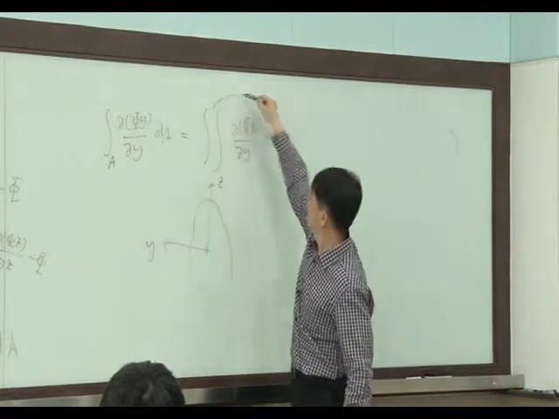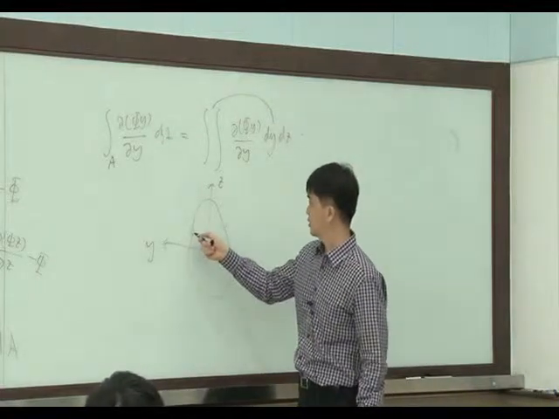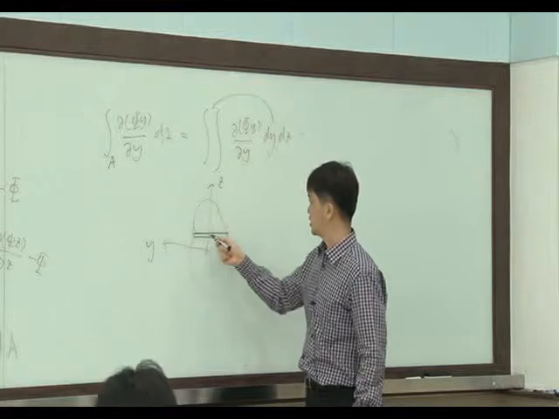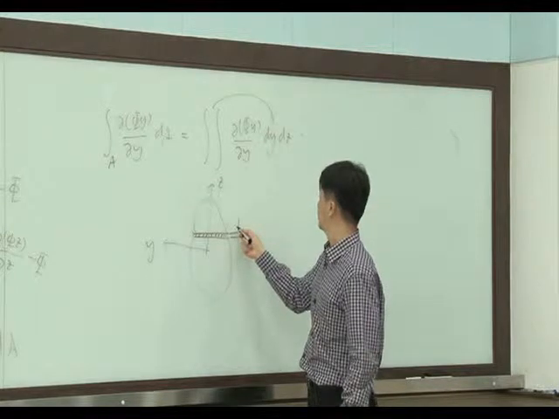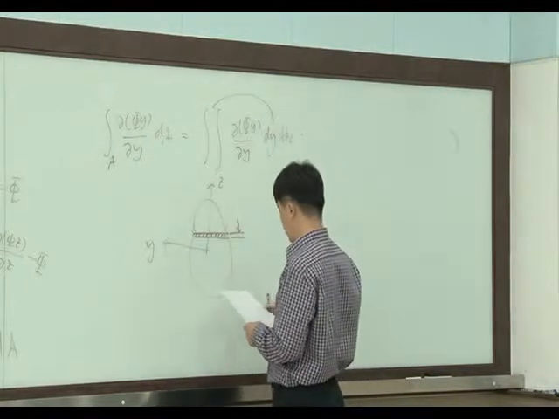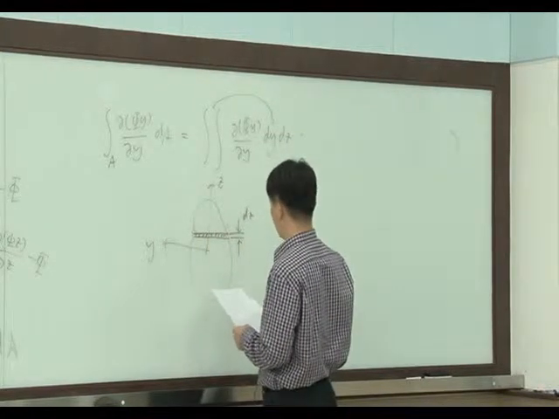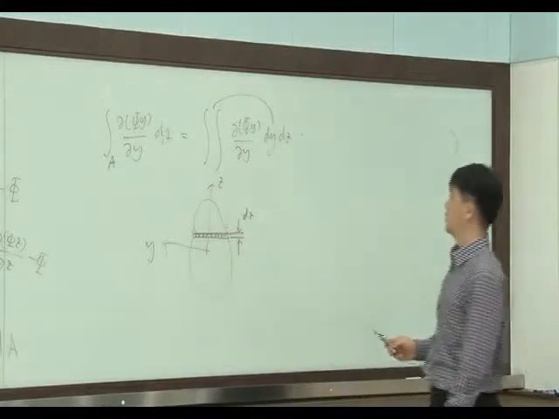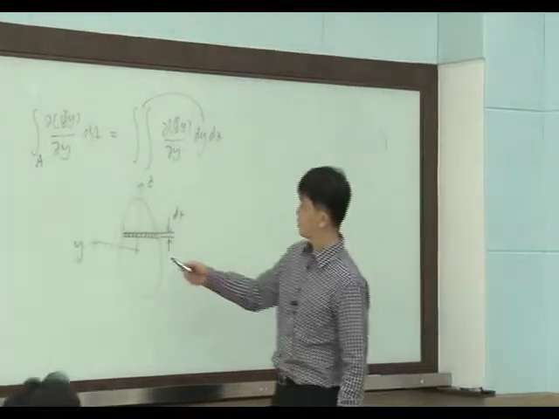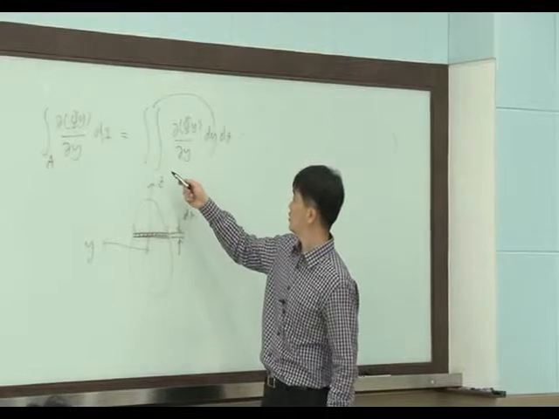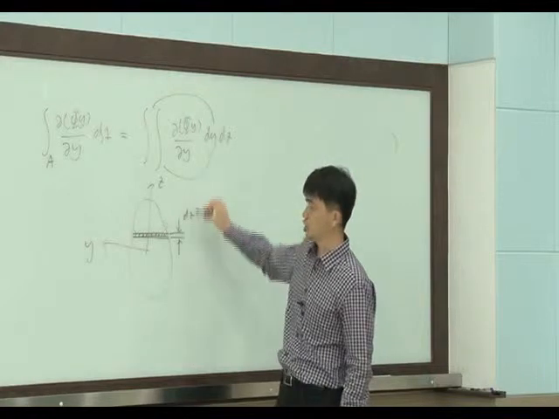The internal integration means we are integrating some band. This is the band, and this is the band dz, right? We are integrating some band here, and this length is calculated from the internal integration, and we are changing the z.